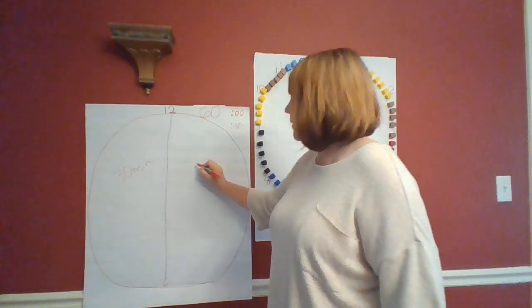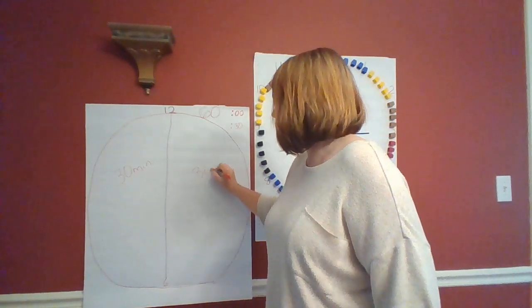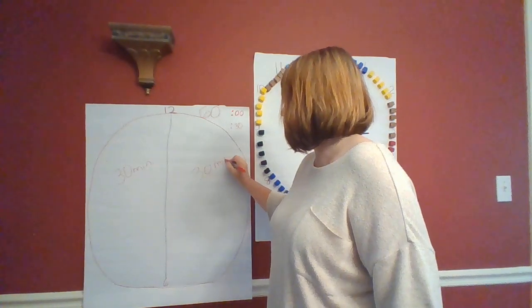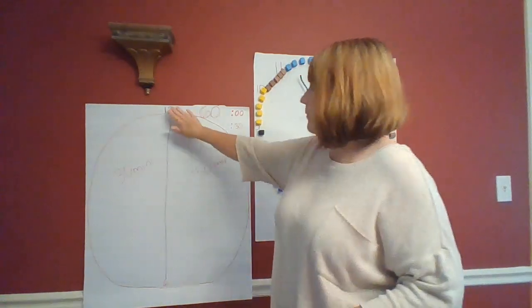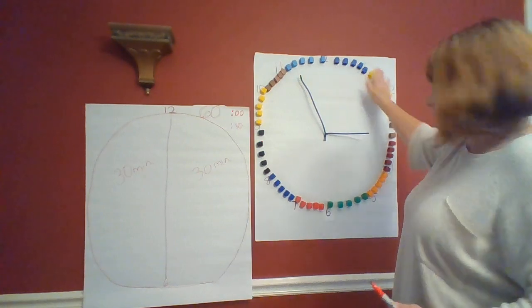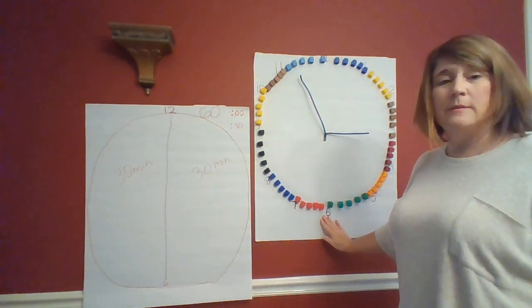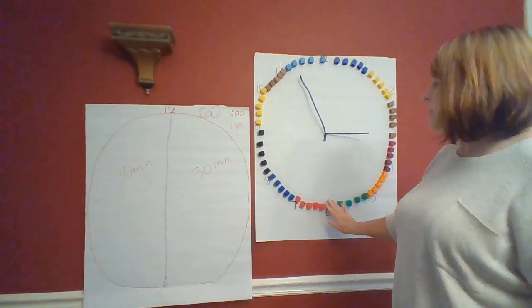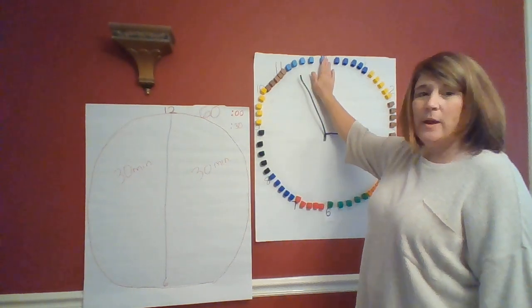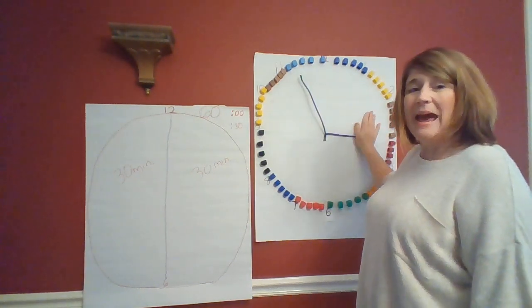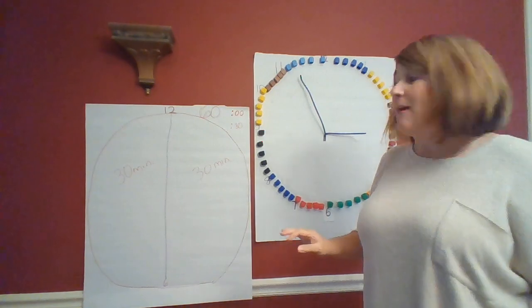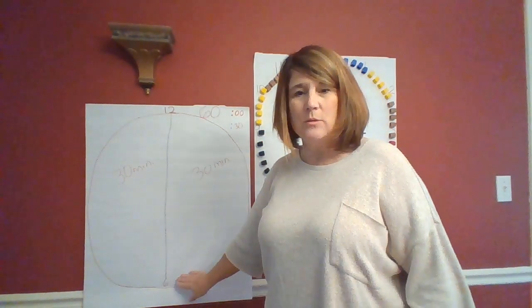And this half of our clock is 30 minutes. So from the 12 around to the 6, we have 30 minutes, and from the 6 back to the 12, we have another 30 minutes. Half and half. Half past any hour is going to put you at your 6.